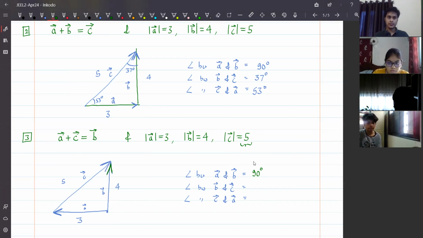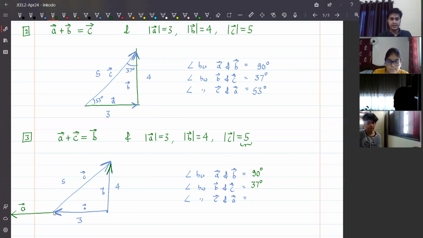The angle between B and C? 37. And the angle between A and C? 53. See, this time the tails are not at the same point. I will move the vector A ahead.